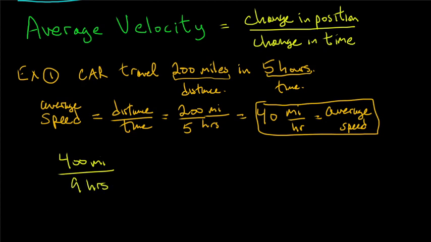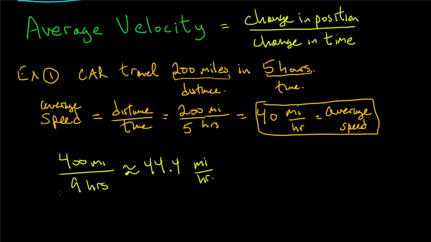My calculator says 400 divided by 9 is about 44.4 miles per hour. Notice that's a little bit faster because it took less time on the return trip.